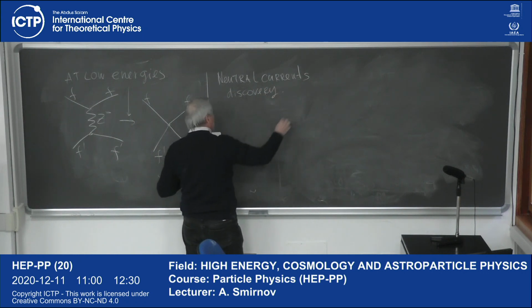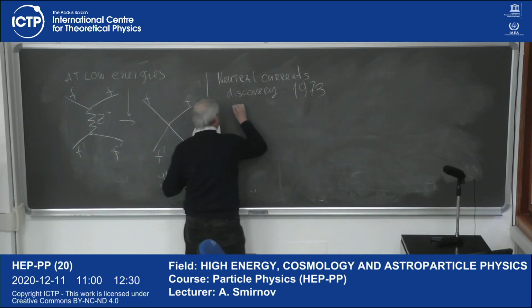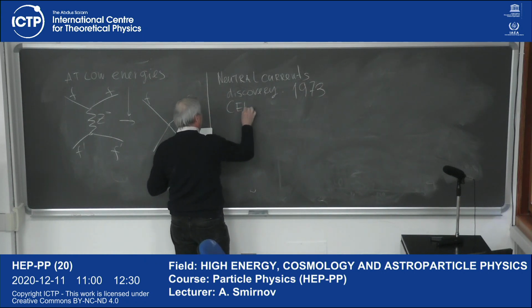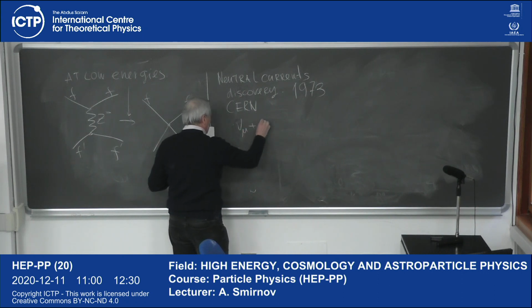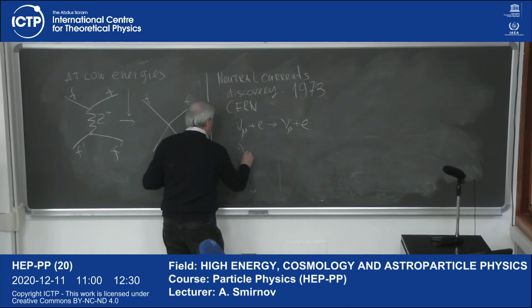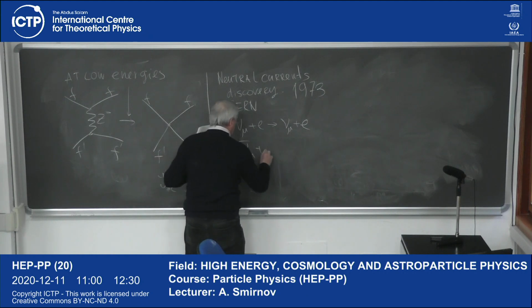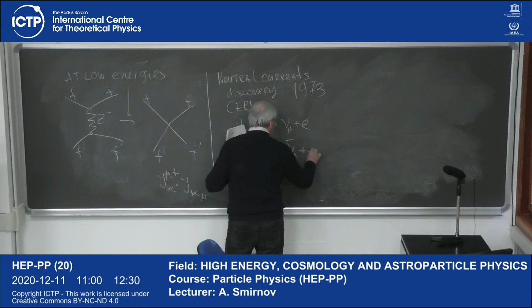The discovery was done in 1973 at CERN. What has been discovered is the process of muon neutrino scattering on electrons, and also antineutrino, anti-muon neutrino plus electrons.